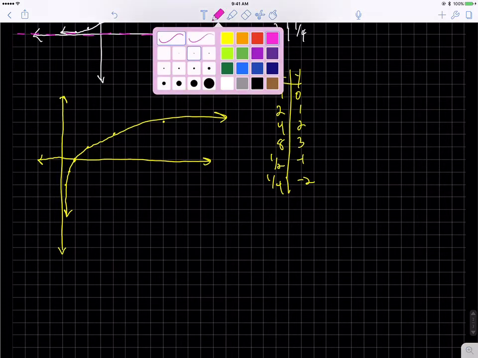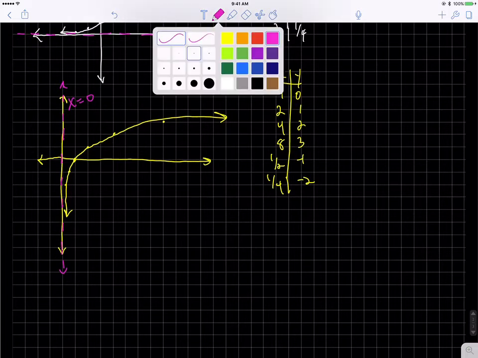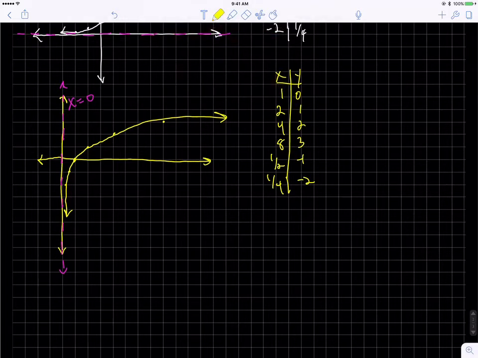We have an asymptote here, but this time it's a vertical asymptote at x equals 0. So that function right there, that's the inverse of the exponential function.